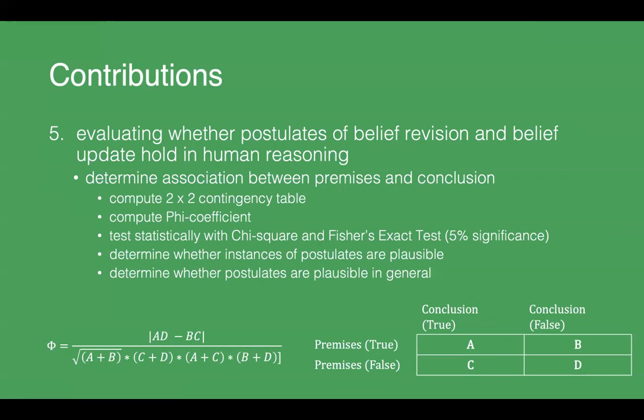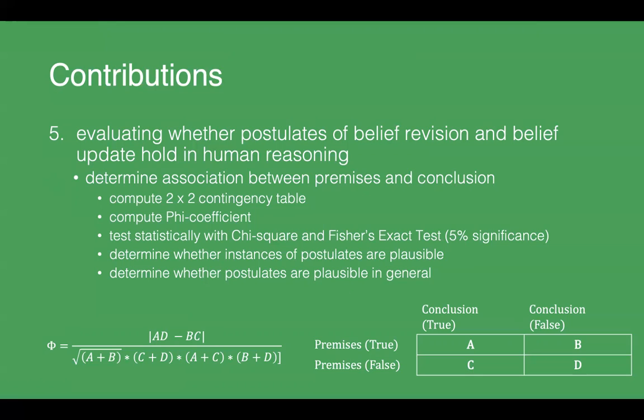Then our analysis and discussion is twofold. The first is to determine whether instances of postulates are plausible. In previous slides, we've indicated that not only do we test the postulates as they are written, but we use examples in natural language to concretize these postulates. This is what we mean by instances. So for these specific examples of postulates, we test if they are plausible.